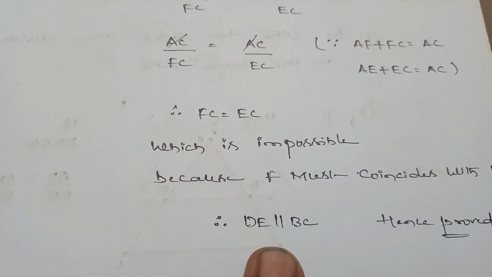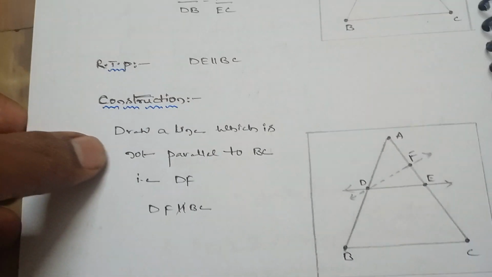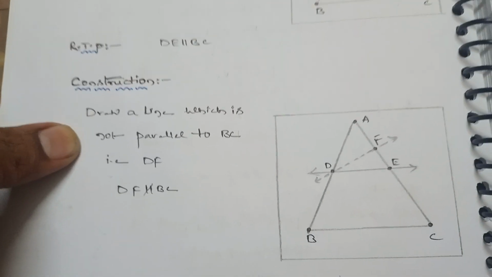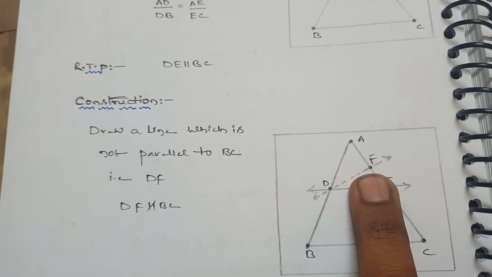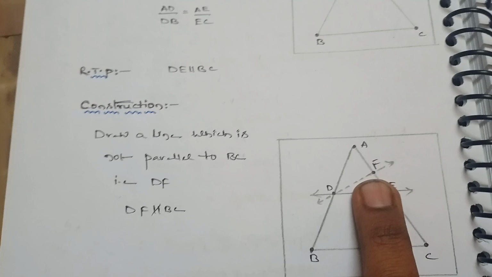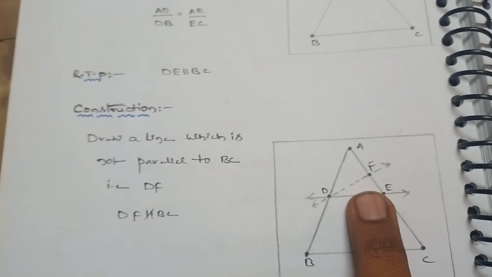Therefore our conclusion is wrong. Whatever we have assumed here as a construction part, that is wrong. Therefore DF cannot be a non-parallel line. It should be a parallel line.